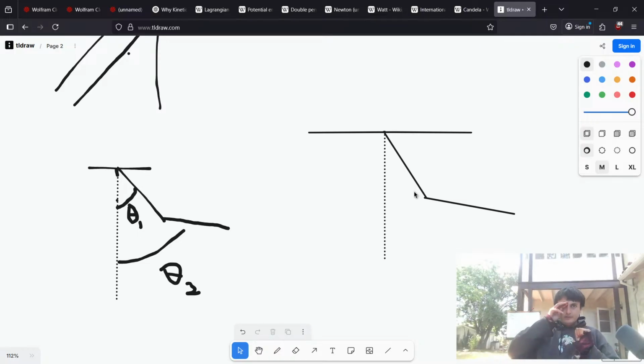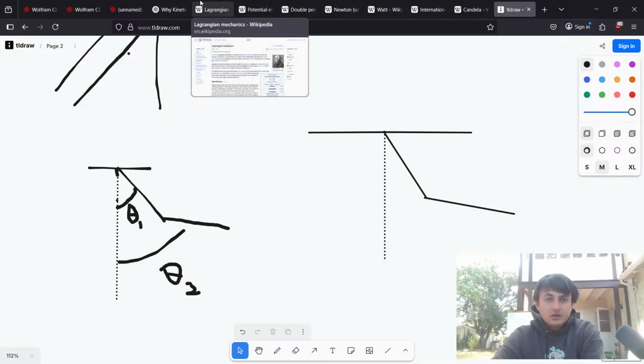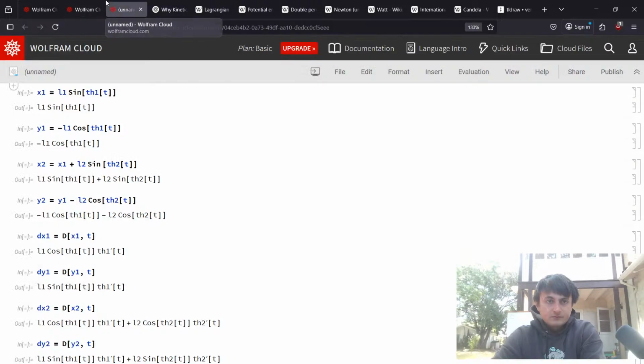Okay, so then the position of this first pendulum in X and Y is going to be... its position is going to be... So then I think the position should be... let's check my work.